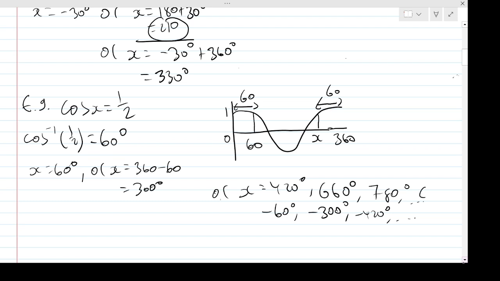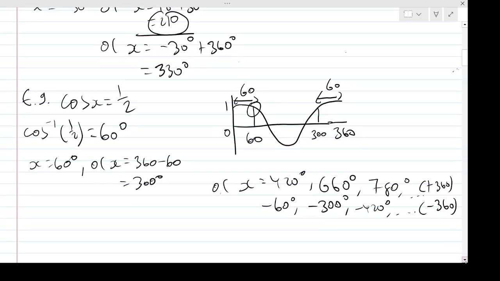Okay, so I make a note of add 360 here and take away 360 there. So once we found the two solutions next to each other, so 60, and then the next solution after that is, well, it'd be 300 here. Once we found the two close solutions, we can then find other ones by adding or taking away 360 to those. Okay.